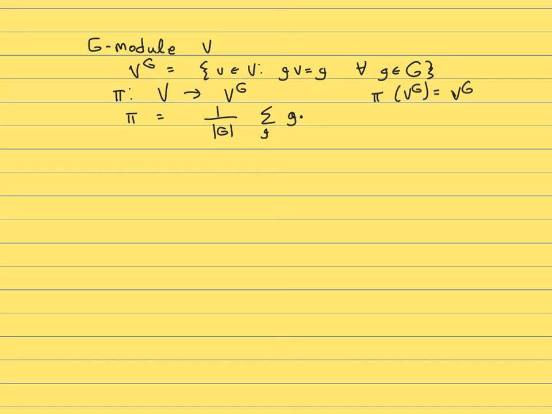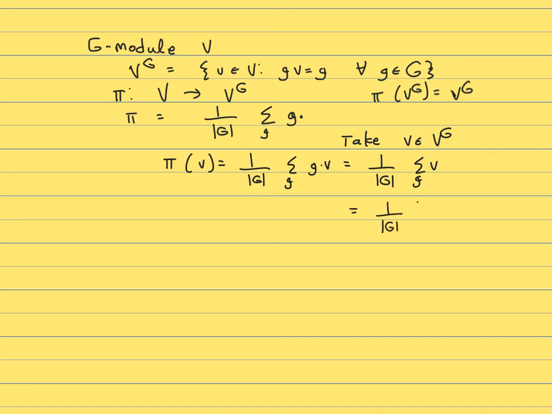Likewise, if you take a vector that's already in V^G, well, g dot v is v. So you're summing v, so that's just scaling v by the order of G. That cancels out and you get v back.